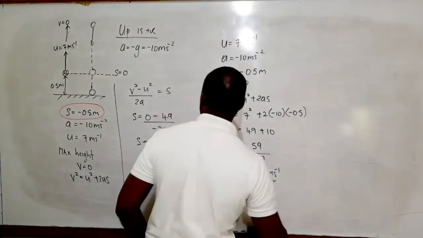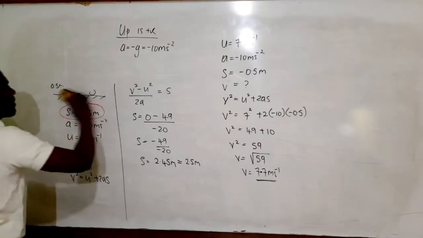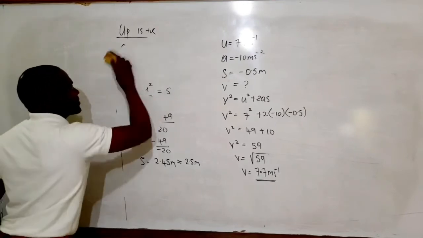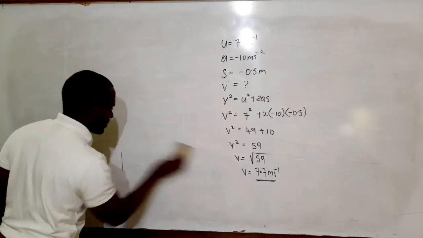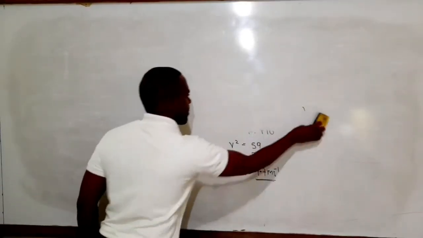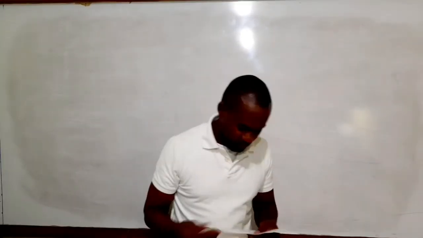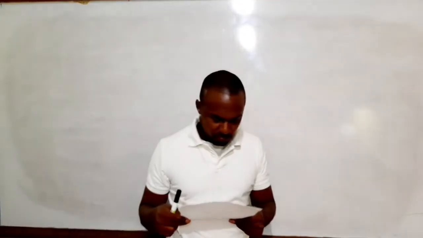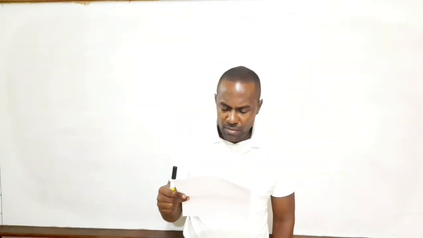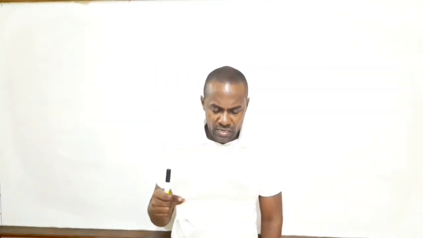We look at another question. Now this question says, a stone is thrown vertically upwards with a speed of 10 meters per second from the top of a cliff which is 70 meters above sea level.